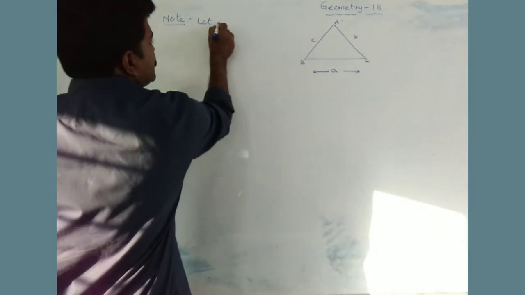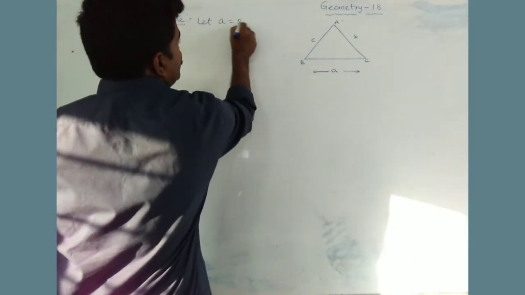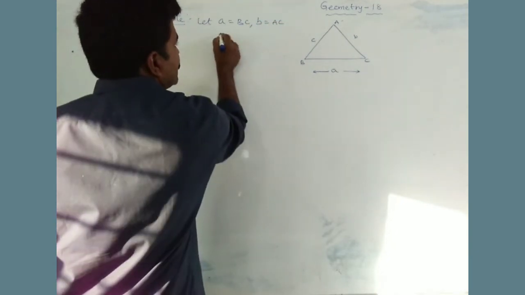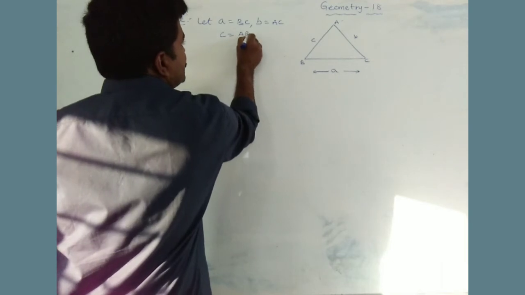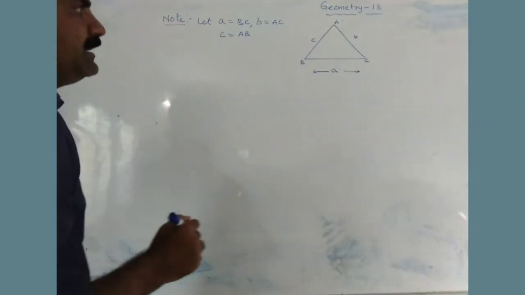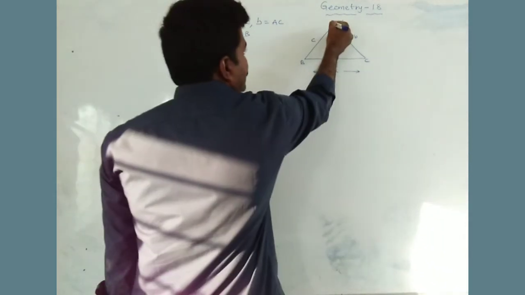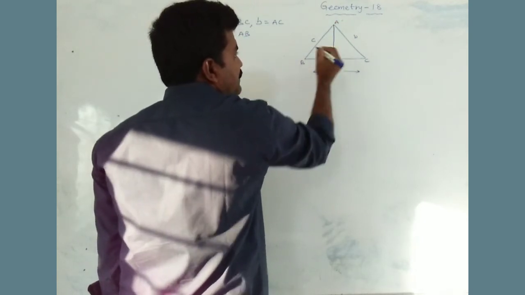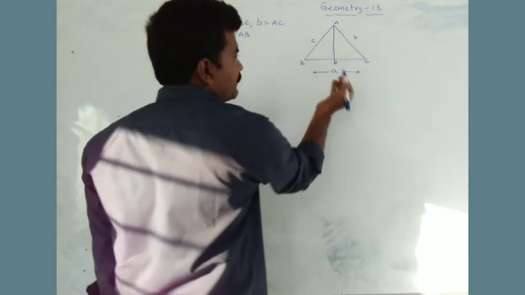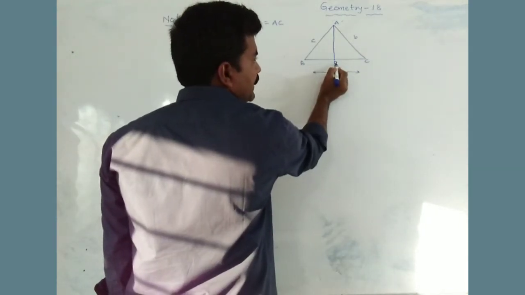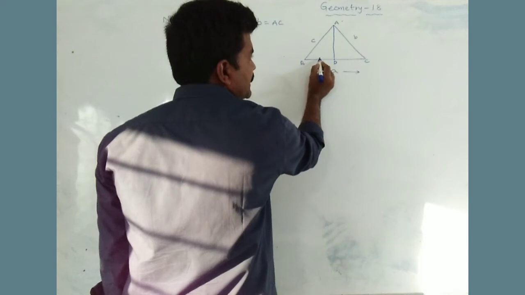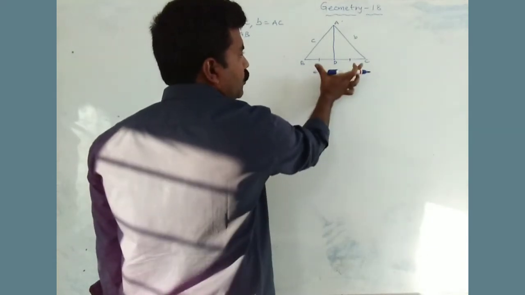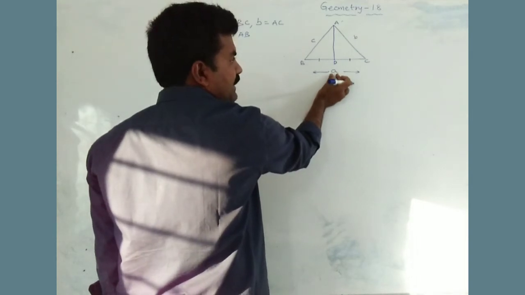So let small a be equal to BC, small b be equal to the length of AC, and small c be the length of side AB. And this Apollonius theorem is based on the median. Let AD be the median. Then we know that D is the midpoint of BC, and BD is equal to DC. The whole length is equal to small a.